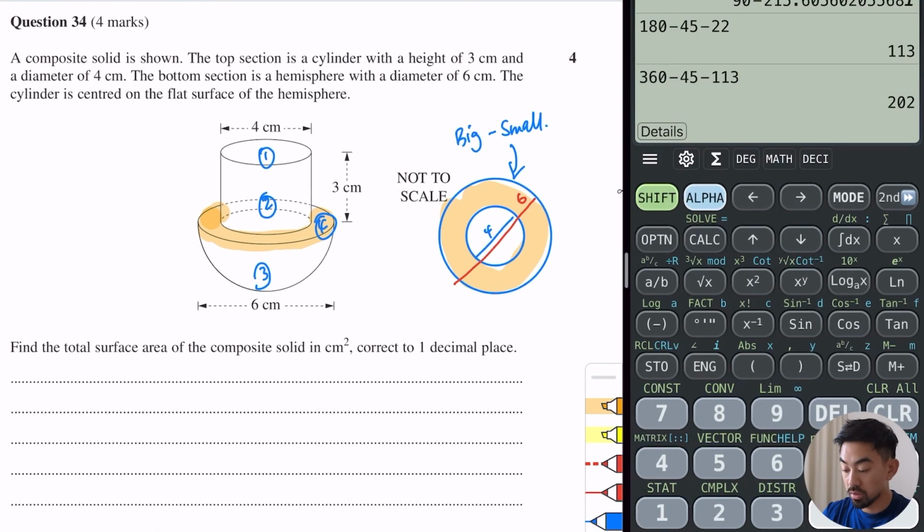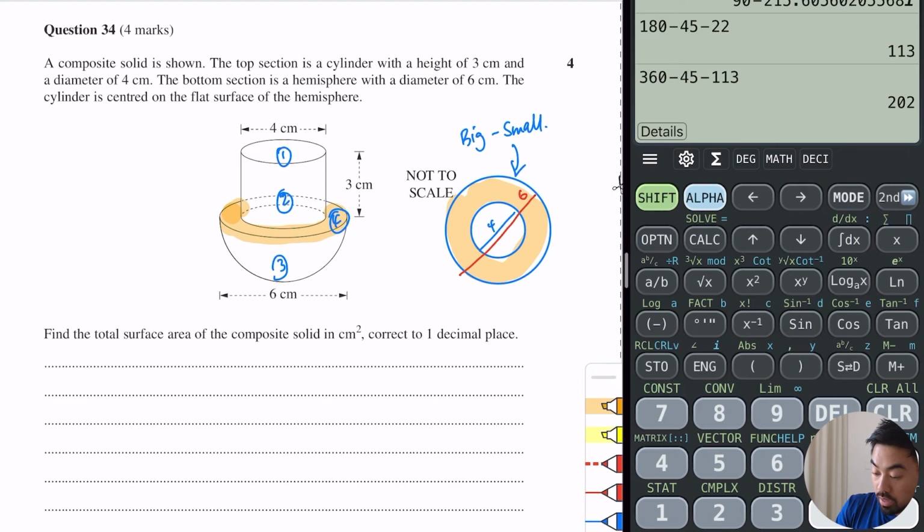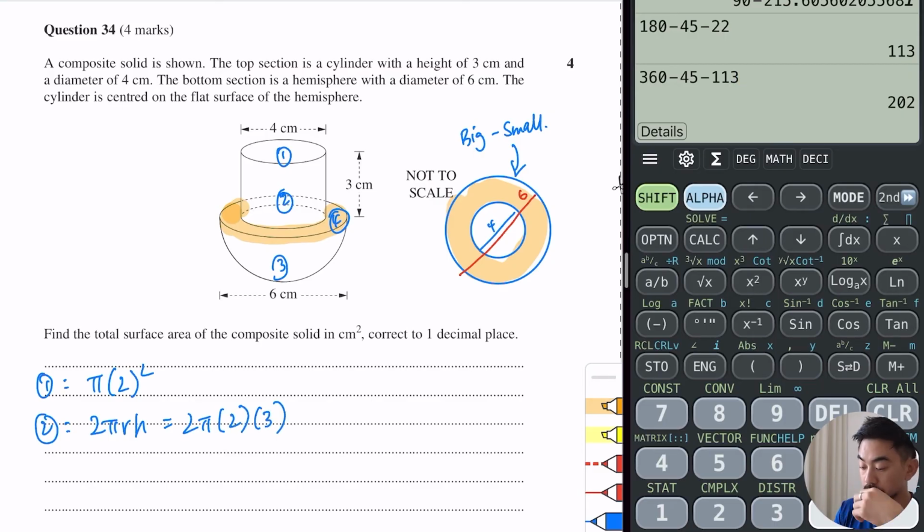Okay. So let's do this. 1 is just pi r squared. So pi times 2 squared. 2, now that curved bit is 2 pi rh. You should remember that from the formula of a cylinder. So that's 2 pi times 2 times 3.